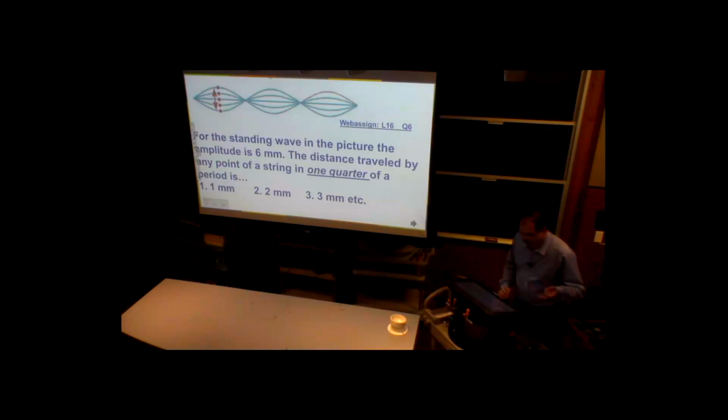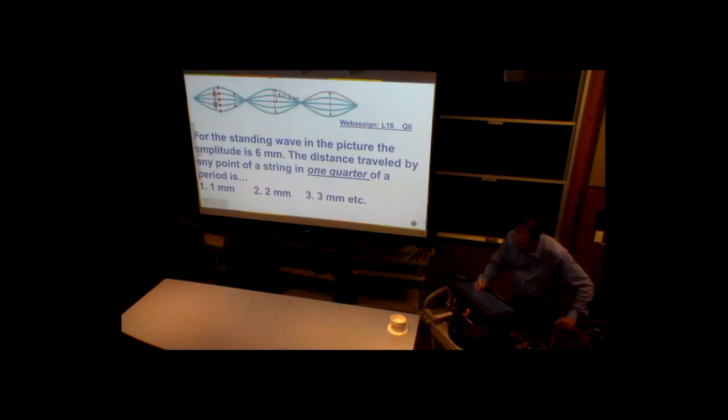That's the node. This point moves within these limits. But the maximum span is provided by antinodes. And that's what we call the amplitude of a wave. The amplitude of an antinode. And turns out it's 6 millimeters.